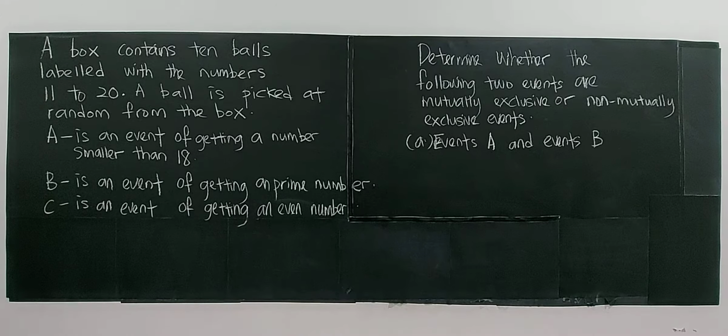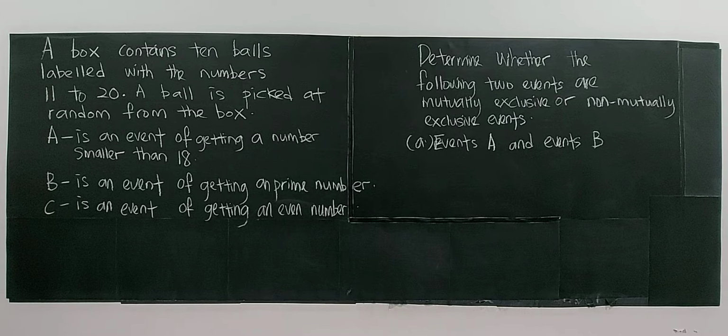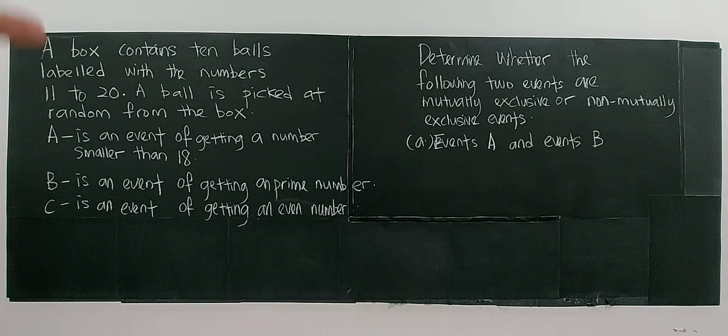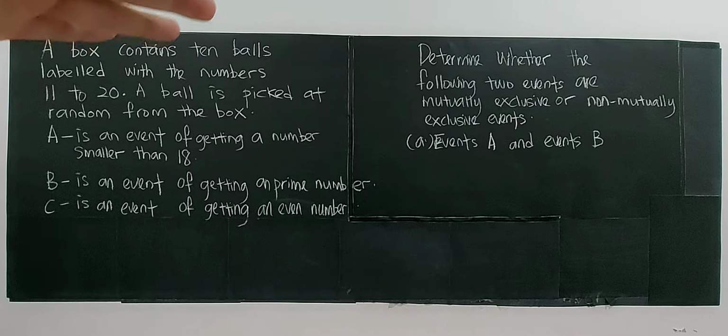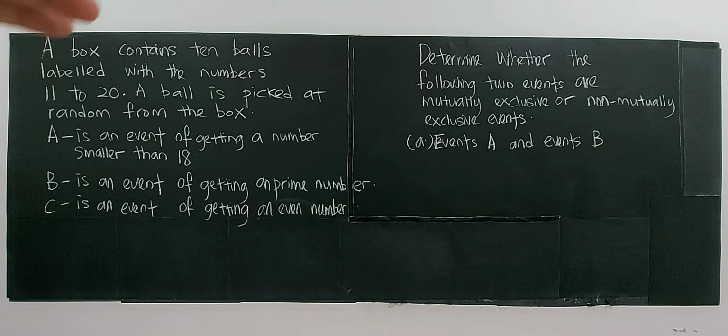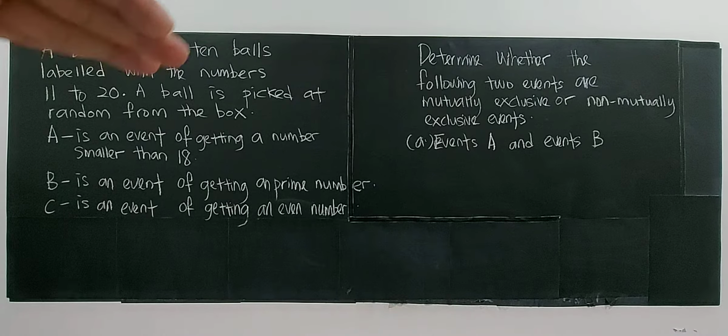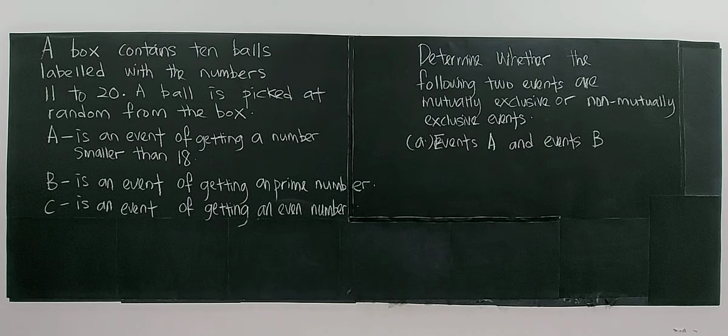Alright, okay, let's look at this question carefully. I'm going to use this question to explain the meaning of mutually exclusive. A box contains 10 balls, labeled with the numbers 11 to 20.